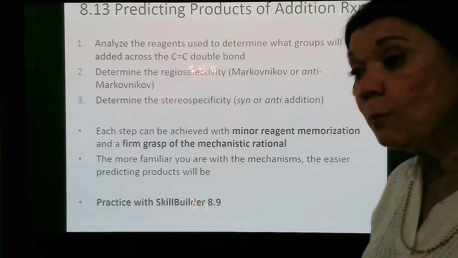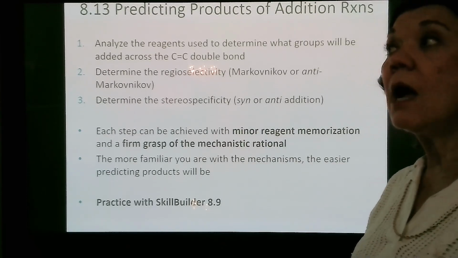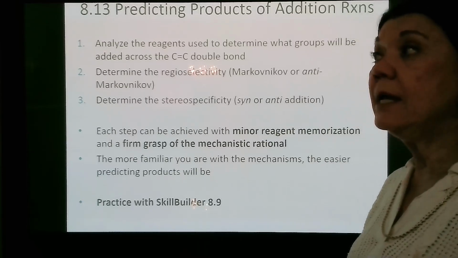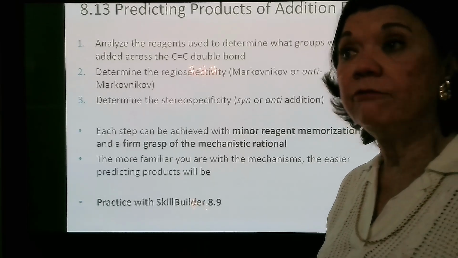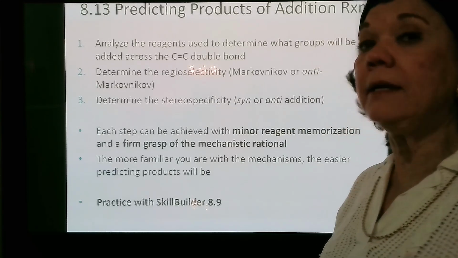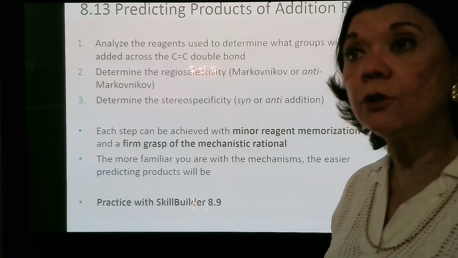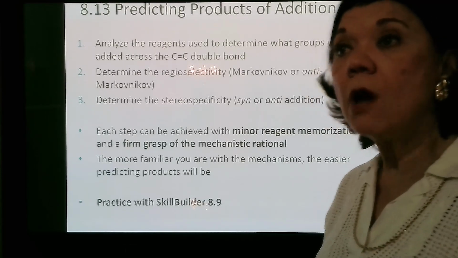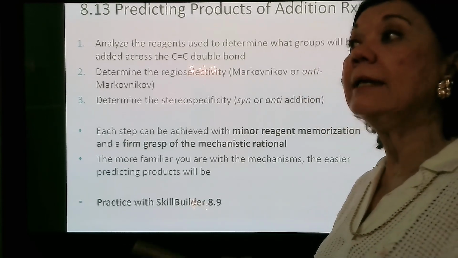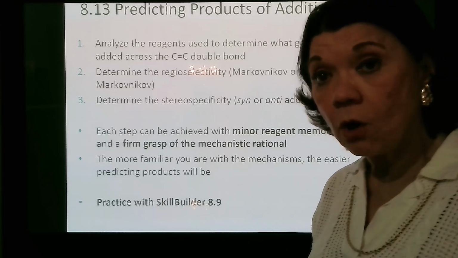But if you group these together, like I have shown you in your preview review video, it will make it all so much easier. You have to look at the patterns.